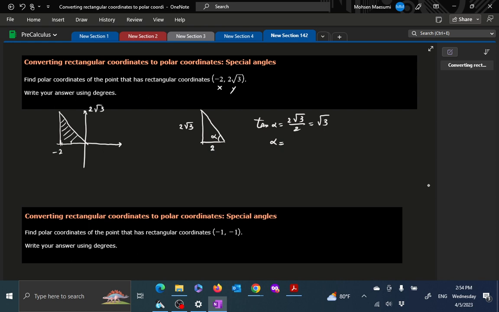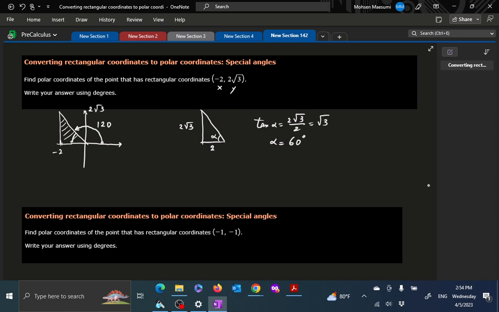We write the angle in degrees because we are asked in degrees. Well, alpha is not what is required. What is required is the polar coordinate, which is measured by this theta, starting from here and rotating. Of course, I know this is 60, so this is going to be 120.